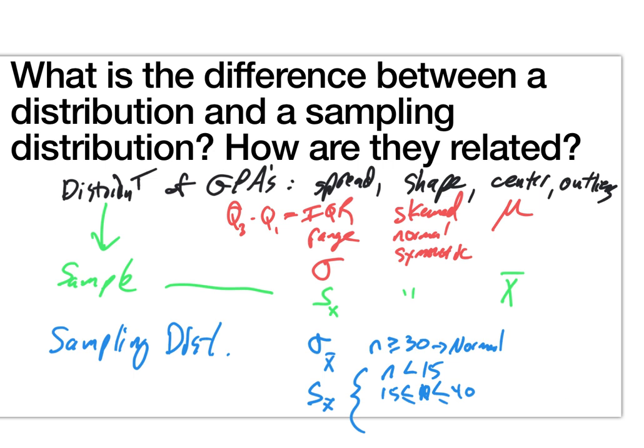So out here, there's no outliers for this one. And then lastly, if n is more than 40, I will assume that the sampling distribution is normal, and it doesn't matter if there are outliers or not.